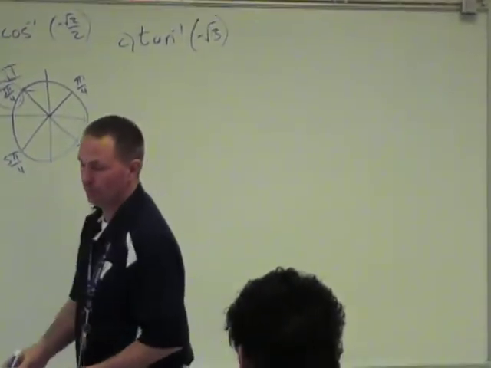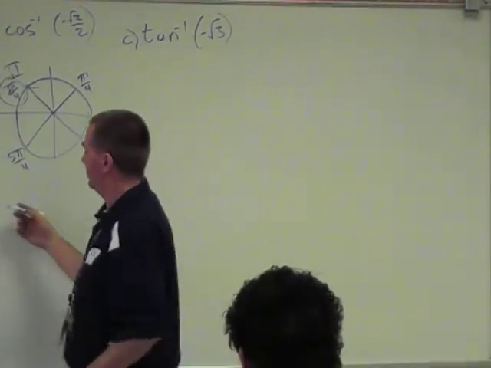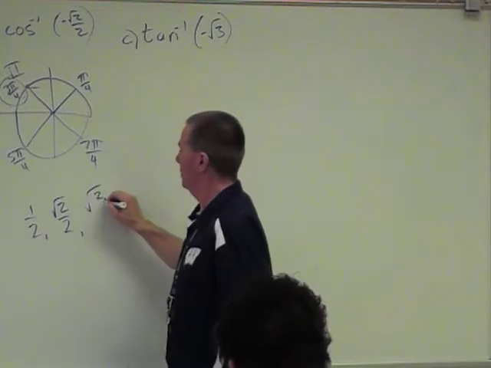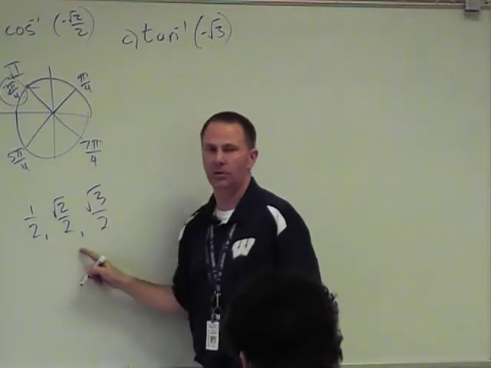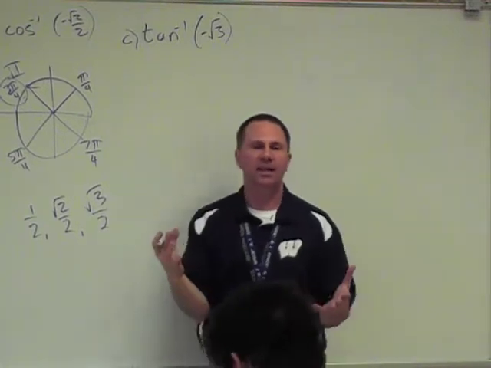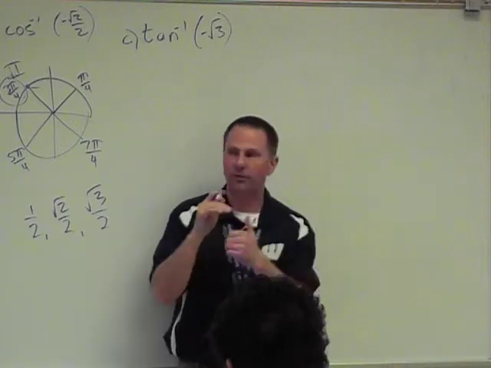Now this is more difficult, because you say, wait a minute, I don't know what the square root of 3 is, because I only have to deal with these on my unit circle. These are the only numbers that are on my unit circle. So how do I get radical 3? Well, what is tangent in terms of x and y? Y over x.